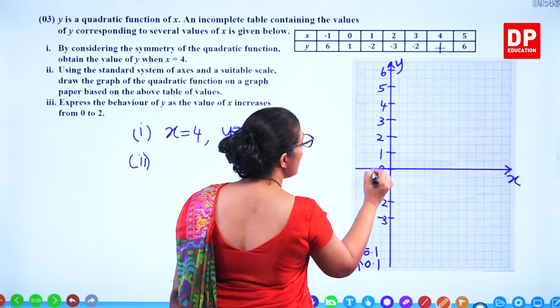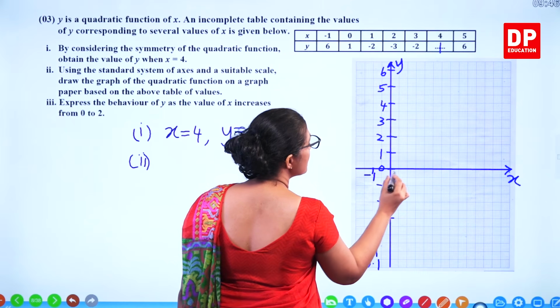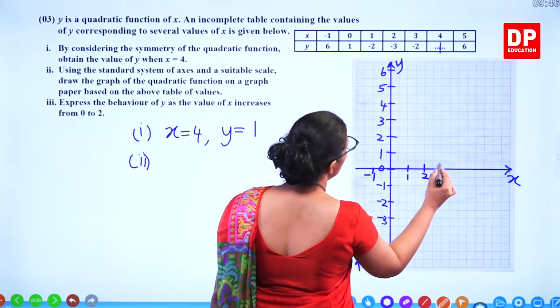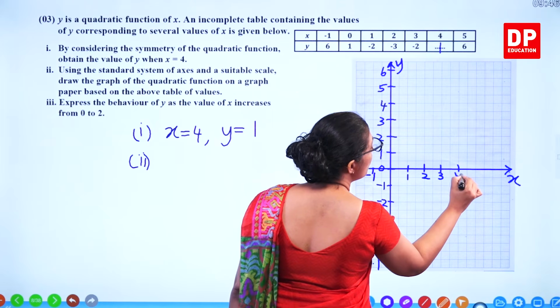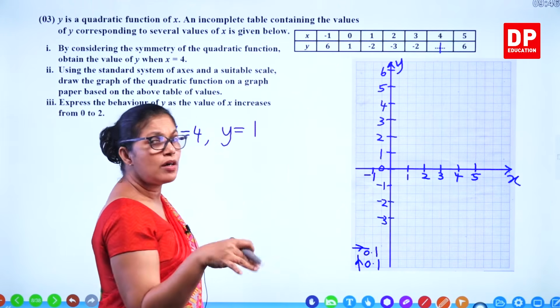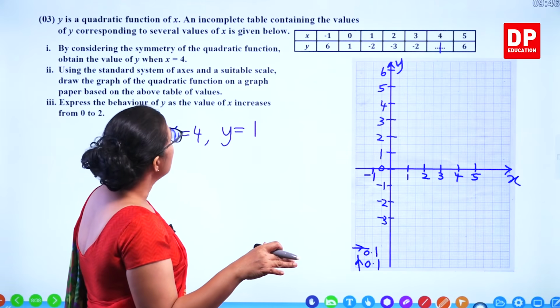Now mark the points here: -1, 1, 2, 3, 4, 5, up to 5. So you get 1 mark for adjusting the scale.